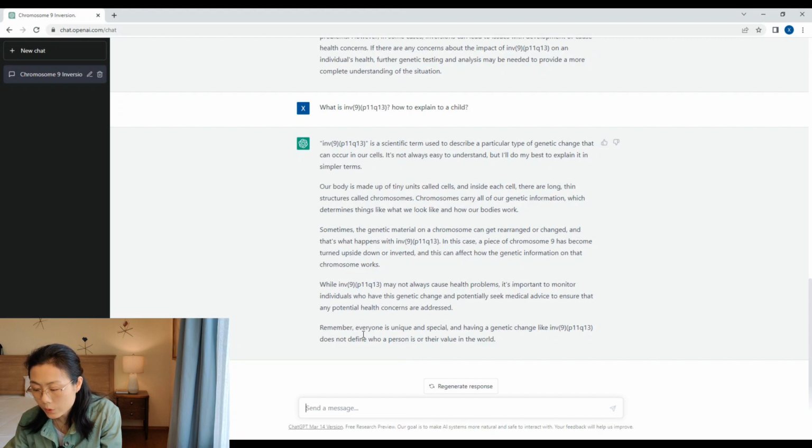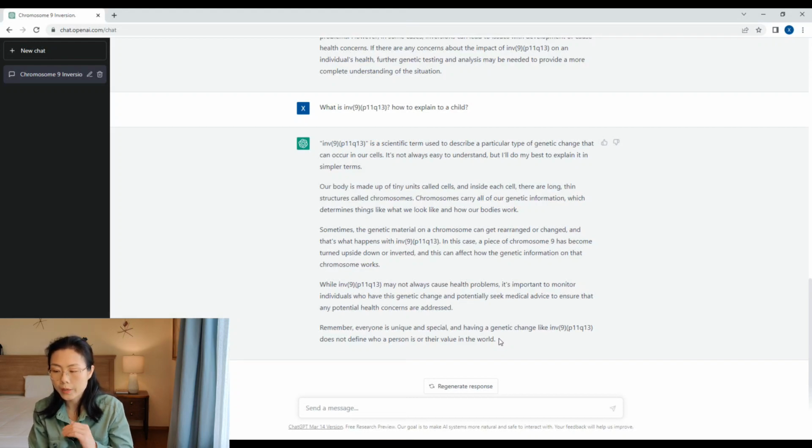Remember, everyone is unique and special, and having a genetic change like inversion 9 does not define who a person is and their value in the world. And you can see that when it's trying to explain this to a child, it builds more background and uses much simpler terms, and it speaks in a way that's more calm, because potentially the child is the person carrying this inversion.